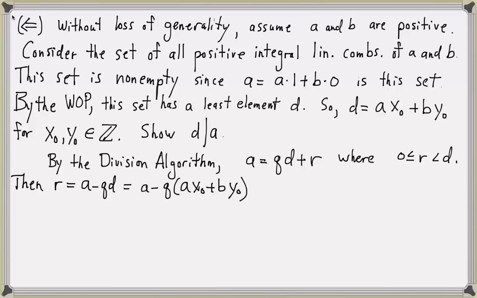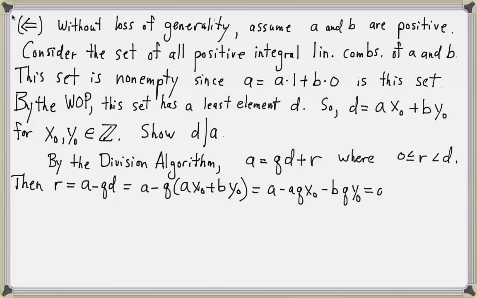This actually is a linear combination of A and B. So if I distribute a minus Q, I get A minus A Q x0 minus B Q y0, and actually I can write this as a linear combination of A and B by factoring out an A from the first two terms.